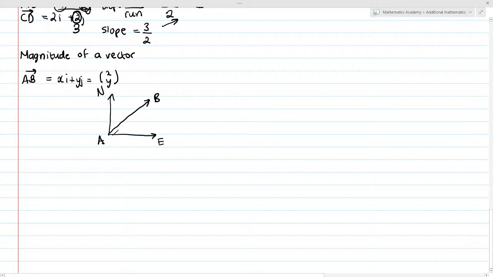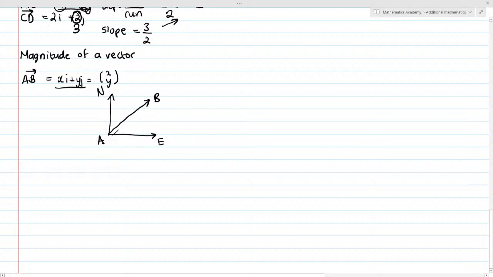If a car was traveling from A to B along that direction at 25 kilometers an hour northeast, then that would be an entire vector. But if we only want the magnitude of that vector, we would only look at the 25 kilometers per hour part. That's what we covered in the beginning, but now we want to see how we can find the magnitude if we have a vector in this notation.